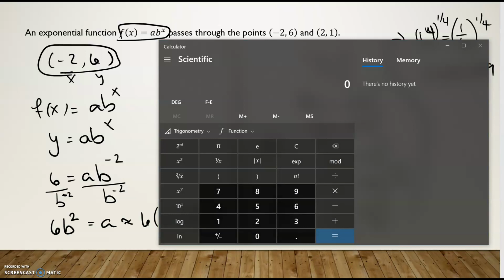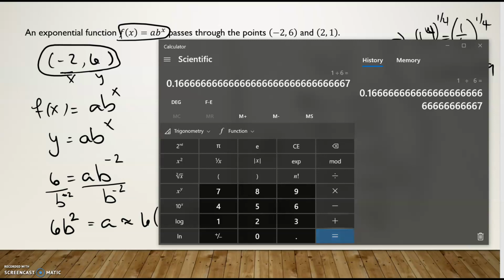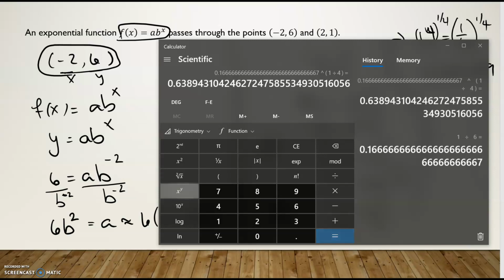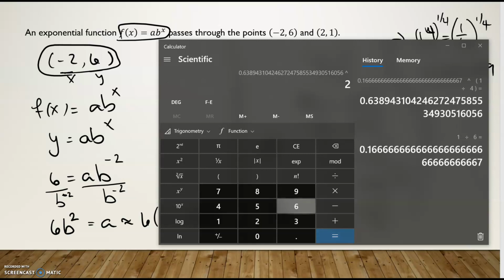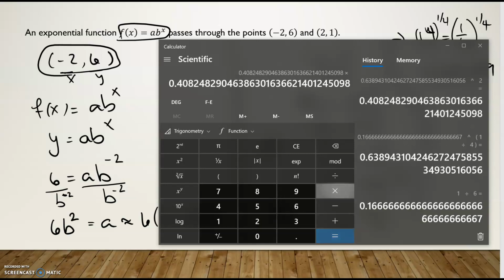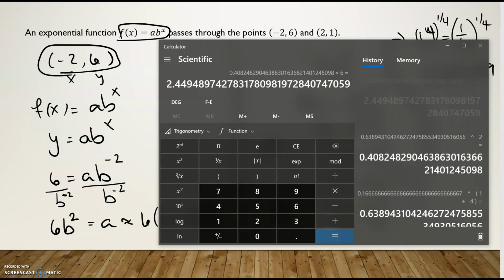Okay, and if you want to, you could do 1 divided by 6, just do this over again, raised to 1 divided by 4, get a number for that, raise that to 2, and then multiply it by 6. So we should get 2.4495.